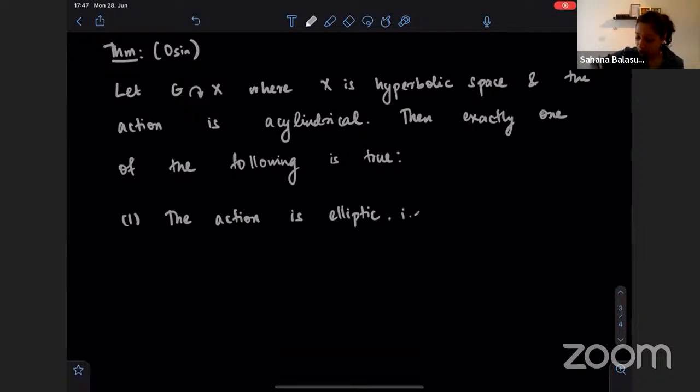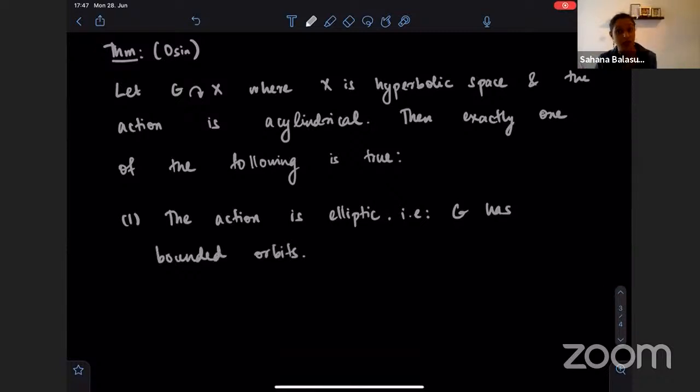But what does this mean? It means G has bounded orbits. So in particular, it cannot have any loxodromic elements. But moreover, if you consider the limit points of your group on the Gromov boundary, there are none.